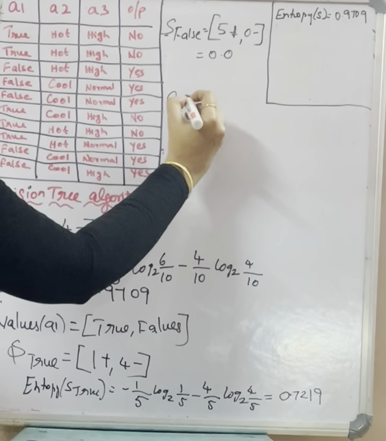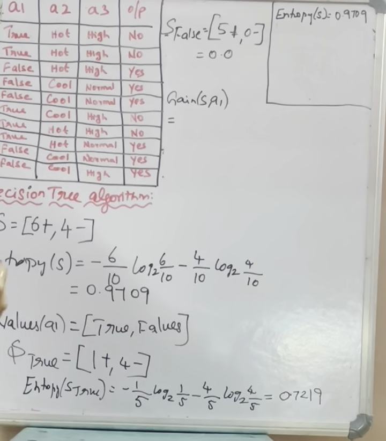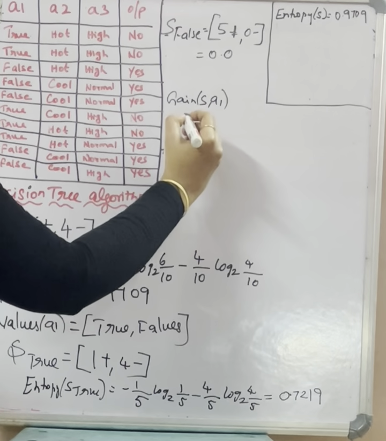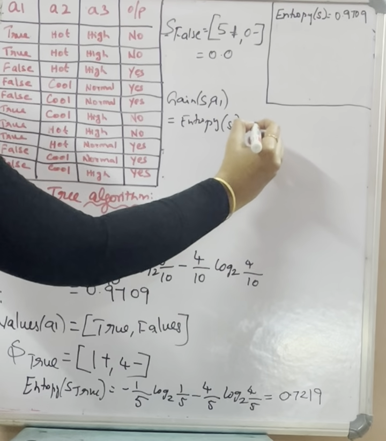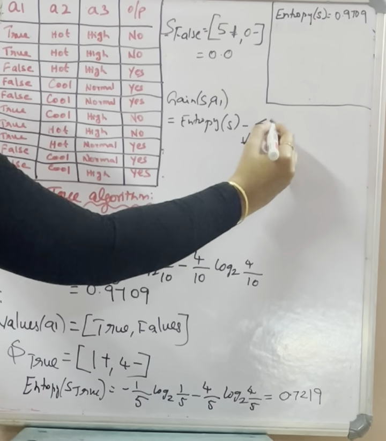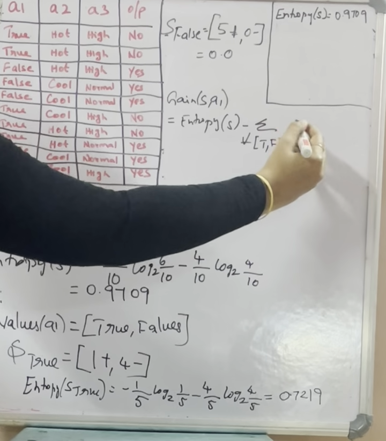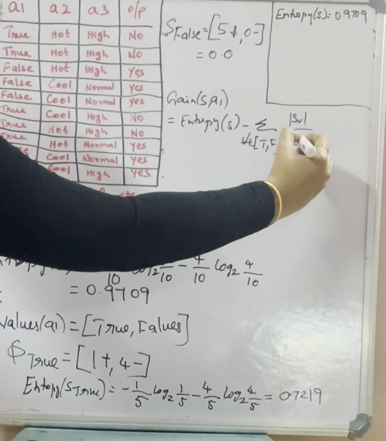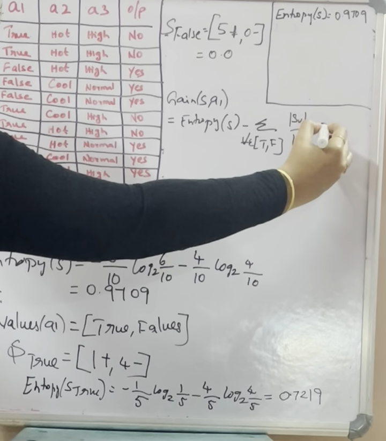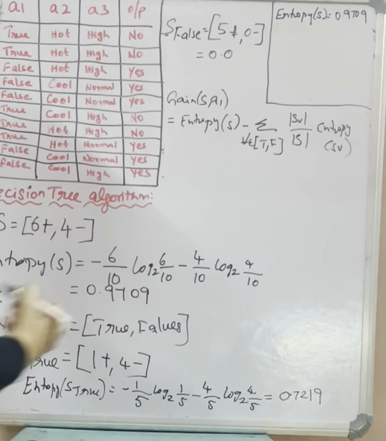Now we have to find the gain of A1 with respect to the sample. Now we will apply the formula. The formula here is you have to find the entropy of the whole sample, and then subtract the entropy of each and every attribute value, here true and false, weighted.